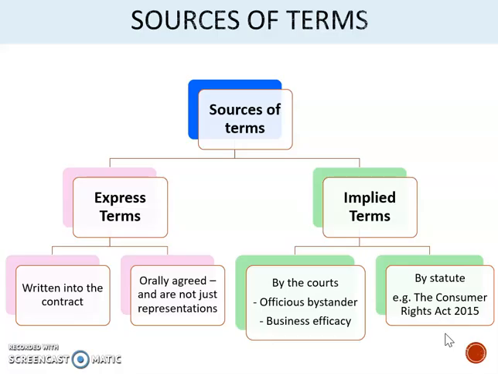Things like, even if it's not expressly mentioned, goods sold must be of a satisfactory quality. They must be as described. They must be fit for purpose. Those things might not have been expressly mentioned, but nonetheless, the law is going to imply those terms into the contracts. So we're going to have a closer look at implied terms.